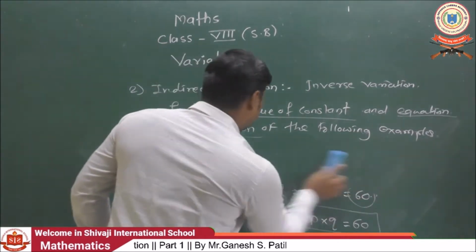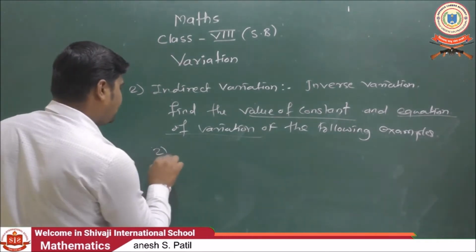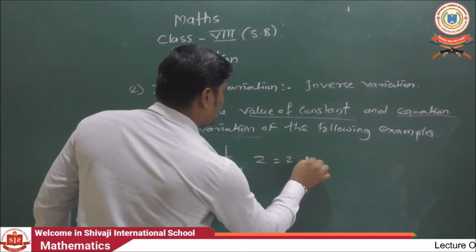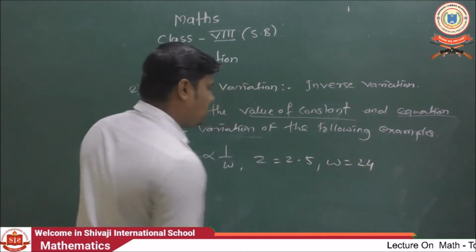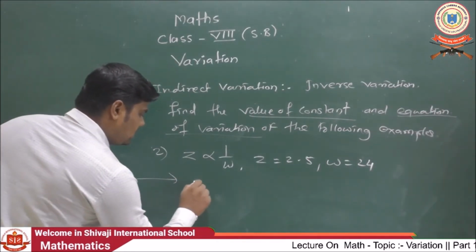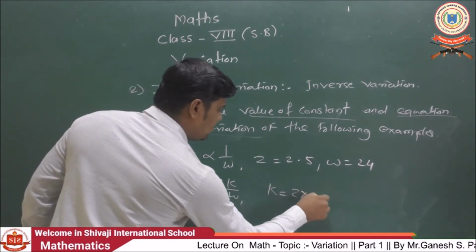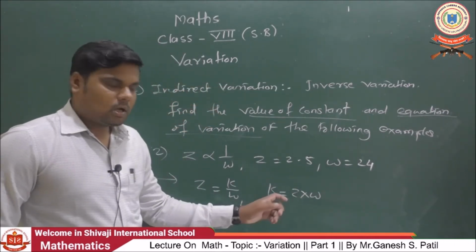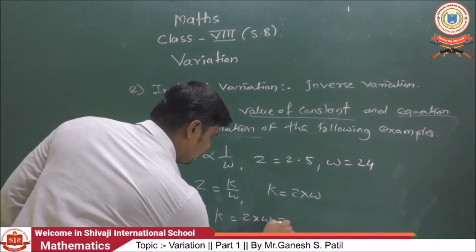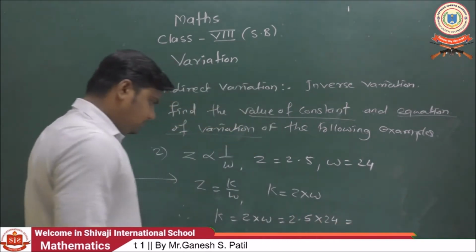Now see another example, the second example. Z is inversely proportional to W, then Z is equal to 2.5 and W is equal to 24. Similarly you can solve this example. Then Z is equal to K upon W, that's why K is equal to Z into W. This is the equation of variation, means K is 2.5 into 24.